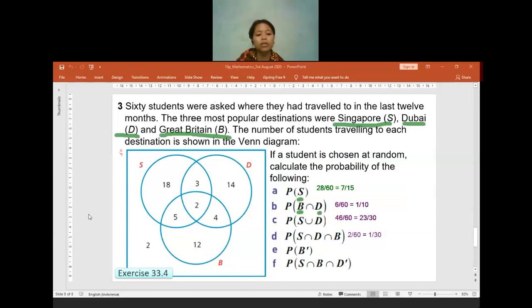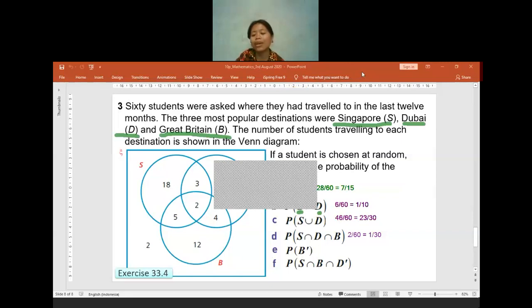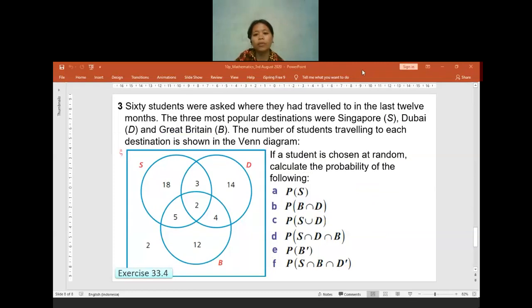Is there anyone who disagrees with Erica's and Natalie's answer? Yeah, because it is outside B. Outside B, so you can put a circle on B first, and when you have already put a highlighter on the circle B, it will be more visible for you to find how many are outside B. It will be number 2, number 18, 13, and 14.